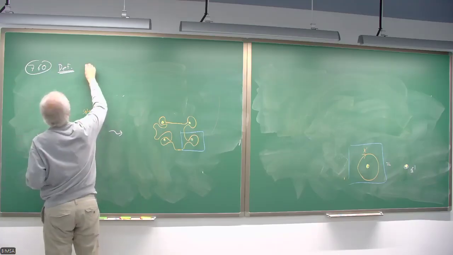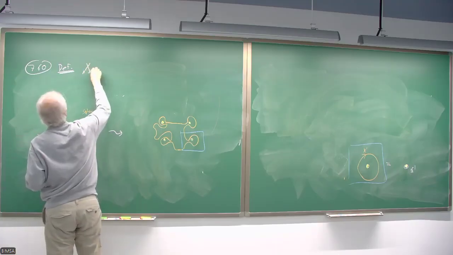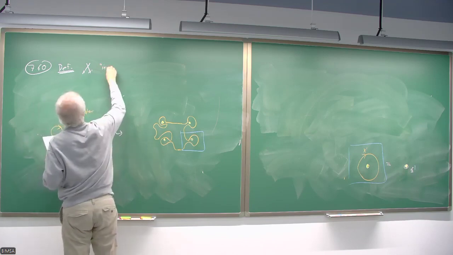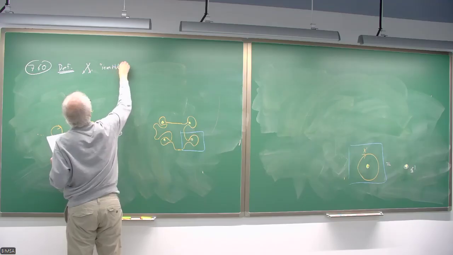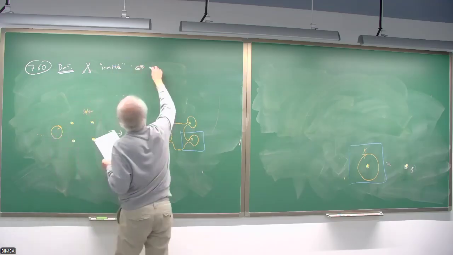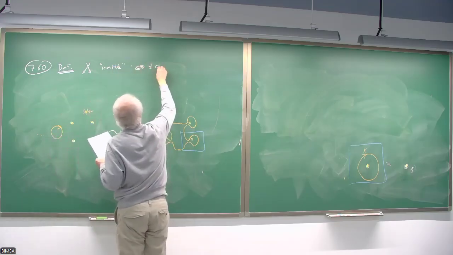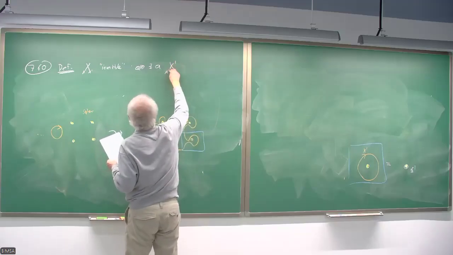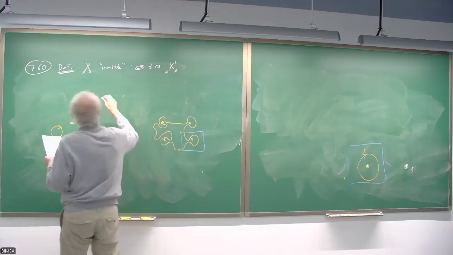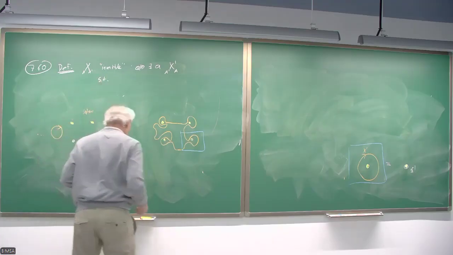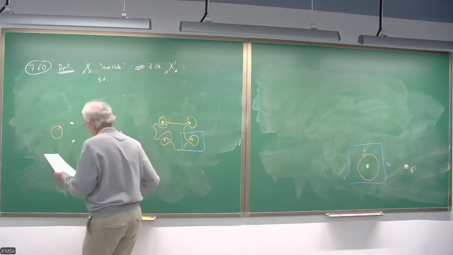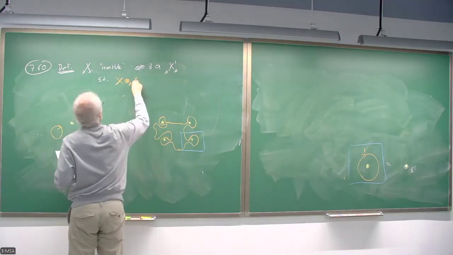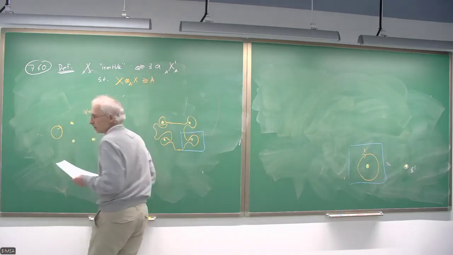We say that X, which is an A prime defect, is invertible if and only if there exists X prime, which is then an A prime A defect, such that if I take the tensor product over A prime, I get back A.